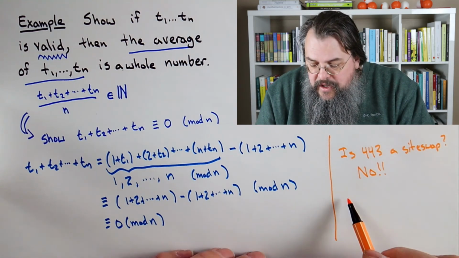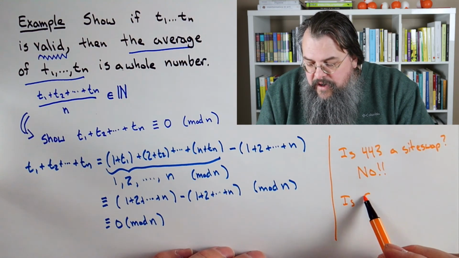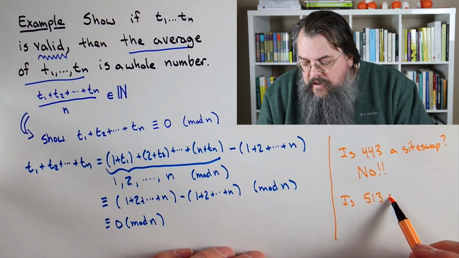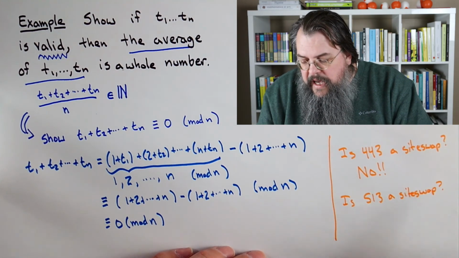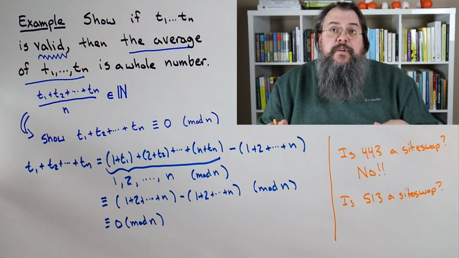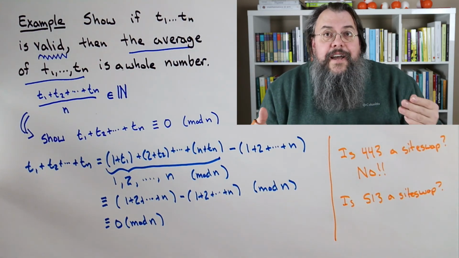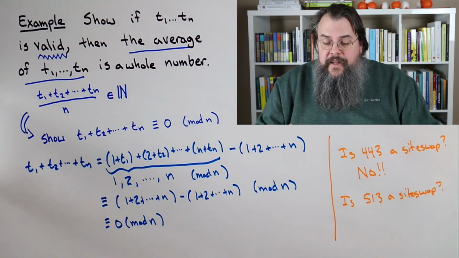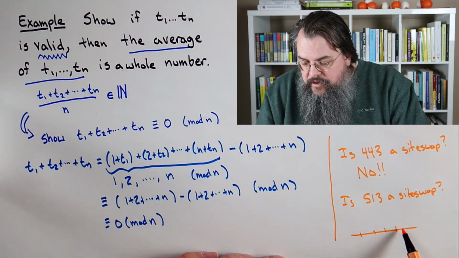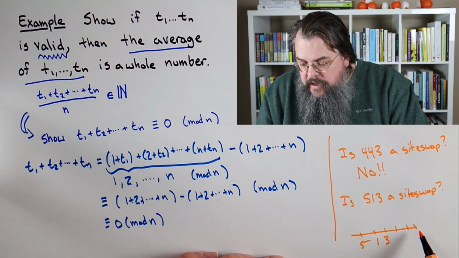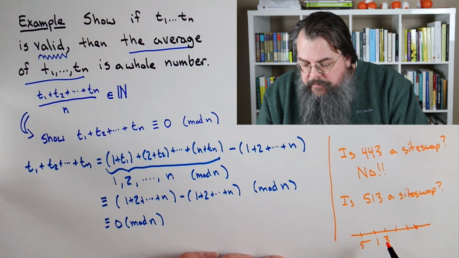So for example, is 5, 1, 3 a siteswap? Well, if you take this and add up the numbers, 5 plus 1 plus 3, you get 9, and 3 divides 9. But you can check, you can even just do it really quick here. If I have 5, 1, 3, let's see, what'll happen?